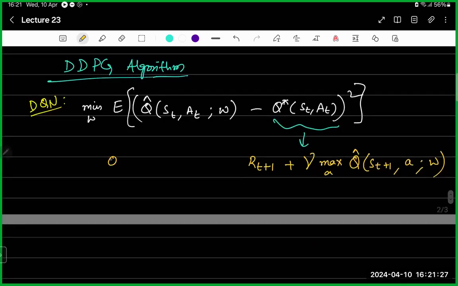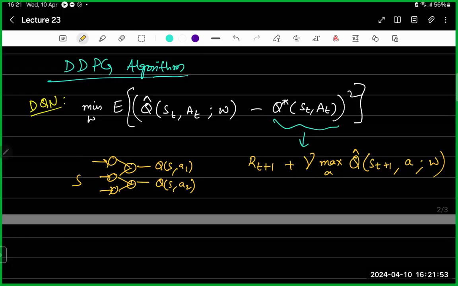One way is you take your neural network and input your state features to it. Let's say only two actions are possible. Then you will get Q of S comma A1 here, and Q of S comma A2 here.